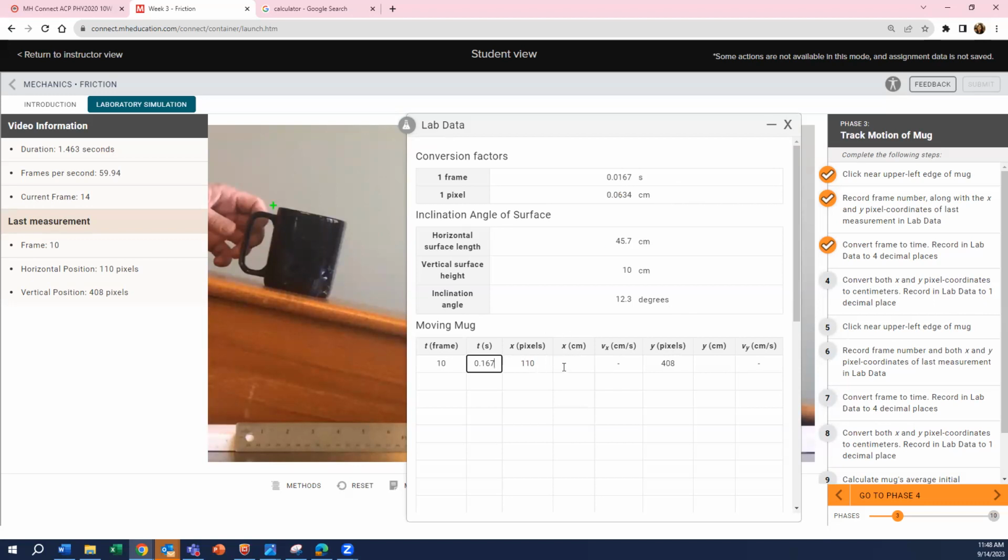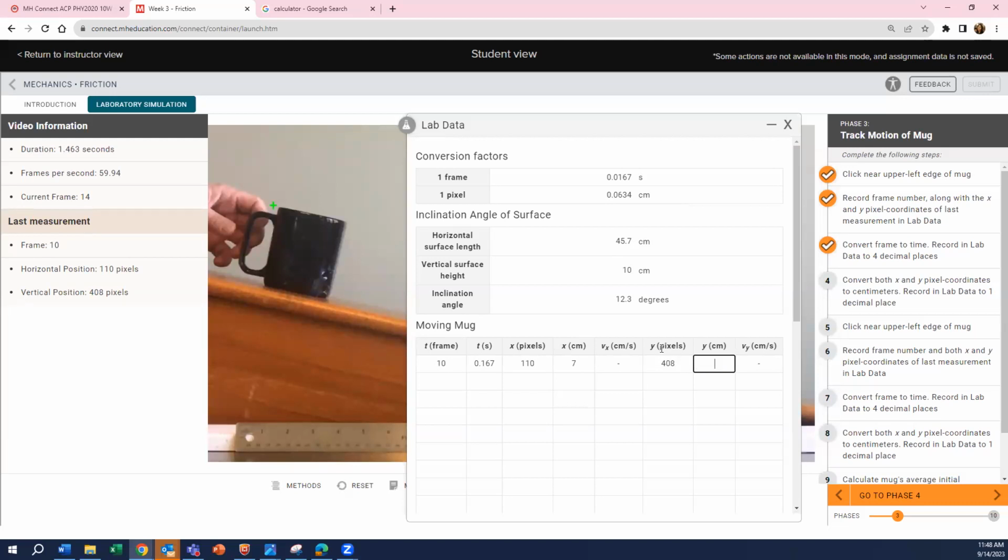So 110 pixels in centimeters is going to be 110 multiplied by 0.0634. When you multiply, we get 6.974, and since we need 1 decimal place, we put 7.0. So we got this number as 7.